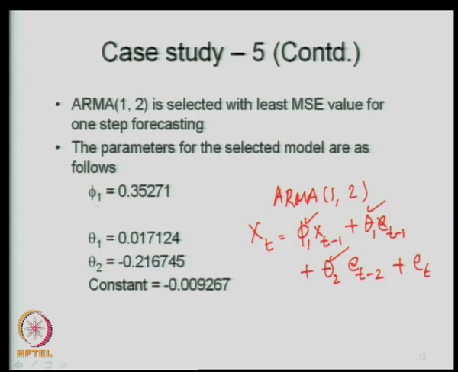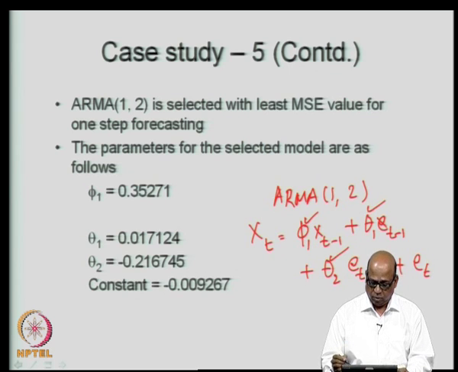I must alert that we need to consider several digits of phi 1, theta 2 etcetera, because x t will be quite sensitive to these parameters, and therefore, you consider several digits, like 3, 4 or 5 digits, for each of these parameters. Now we apply this model. Phi 1 is known, theta 1 is known, theta 2 is known, and E t minus 1, E t minus 2 etcetera, as I have explained on the application of the ARMA models, you use these as errors of the previous forecast.